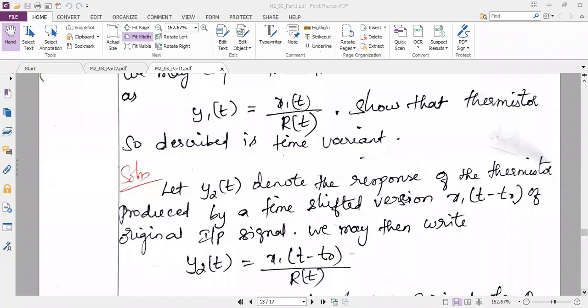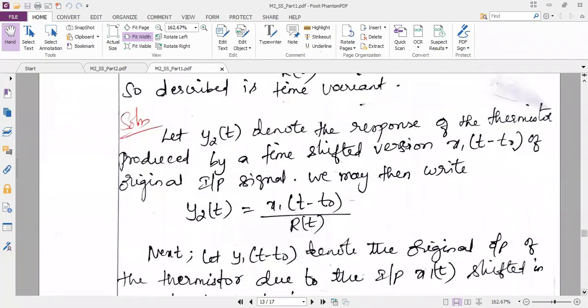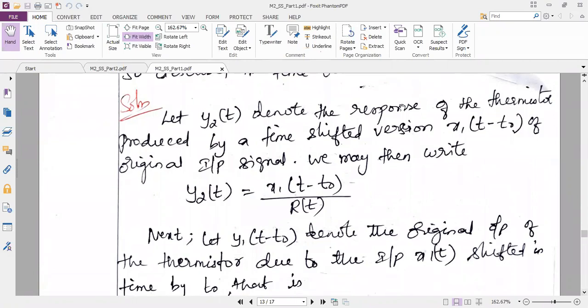I hope you understood. In the previous problem there was an integration operation, so we used some assumption and tried to match the right hand sides of both the equations, so that we proved that the left hand sides are equal. But here it is linear. You know what is the meaning of linear? It is a linear relation. There is no integration, there is no differentiation.